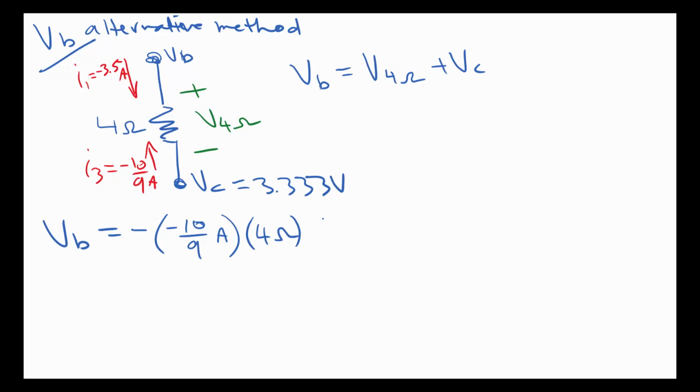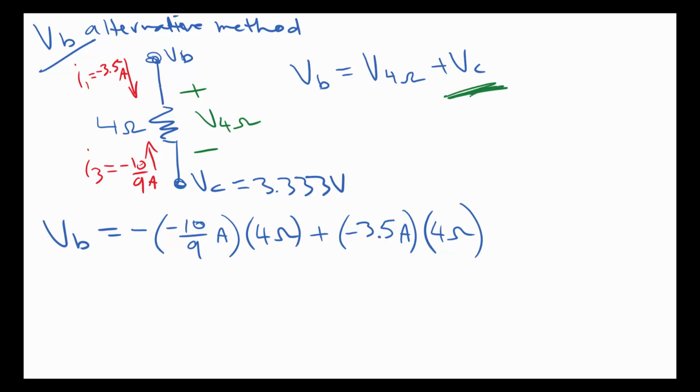And now we'll do the I1 mesh current, and that's going down in the correct direction of the voltage drop from high to low, so it's going to be plus, and then the current value is minus 3.5 amps times the 4 ohm resistor, and then we have to add the VC voltage, right?